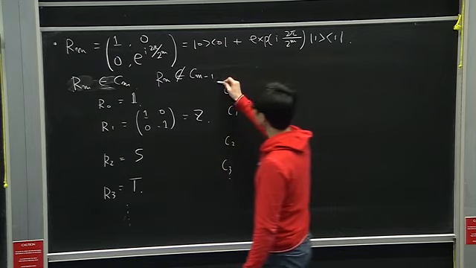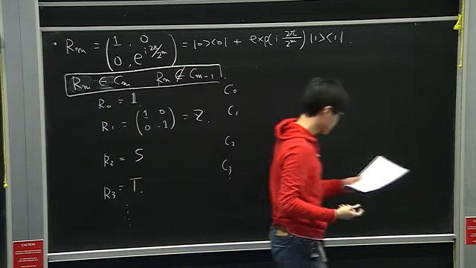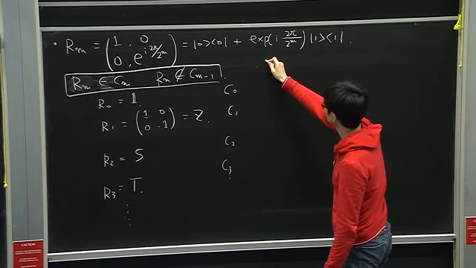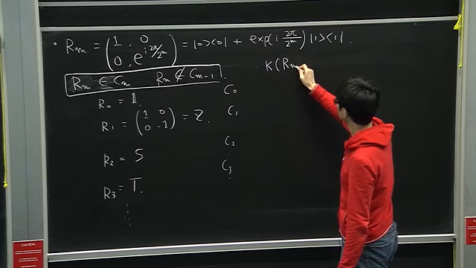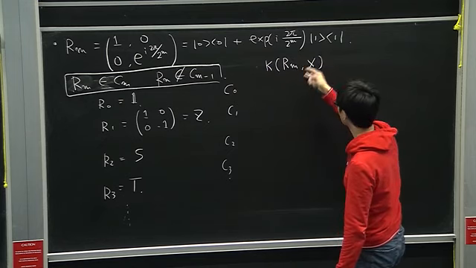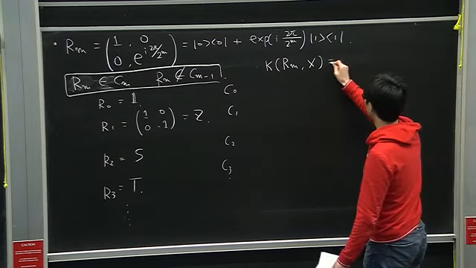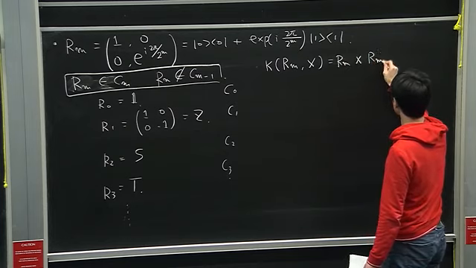Now, to prove this statement, what we should look at is actually pretty simple. We are going to compute the commutator between Pauli X and this phase operator Rm.